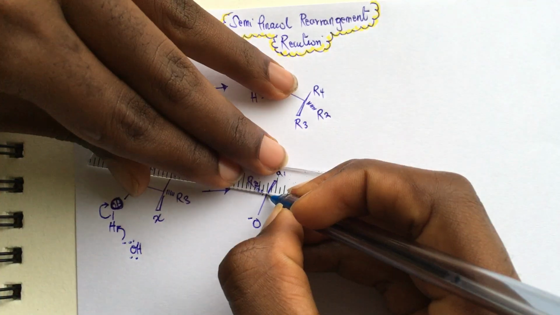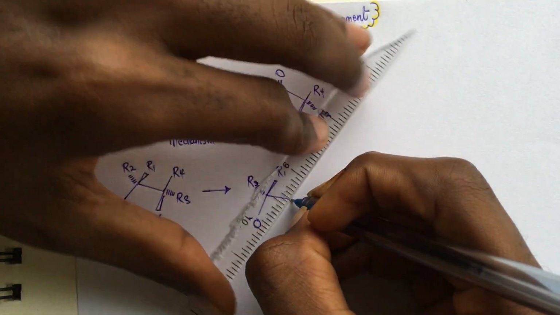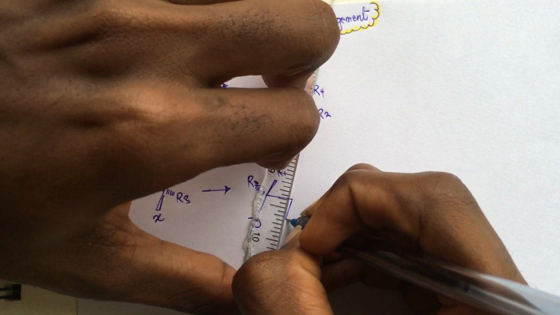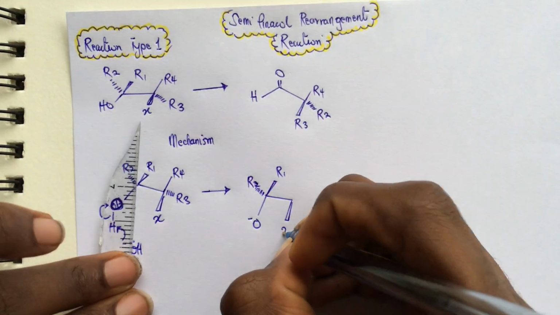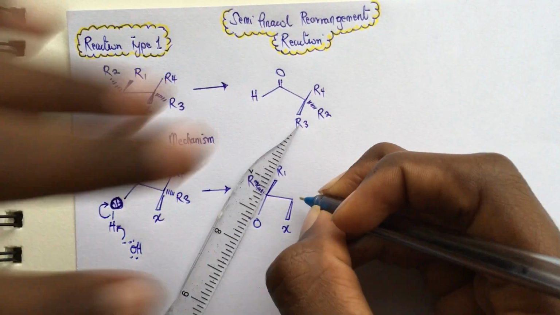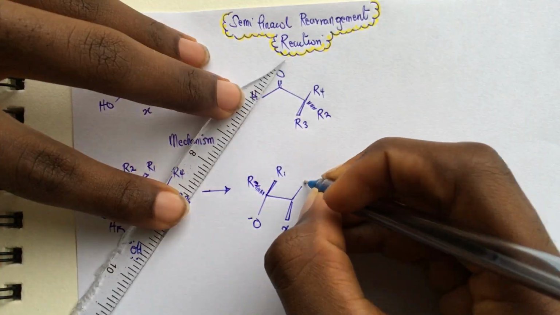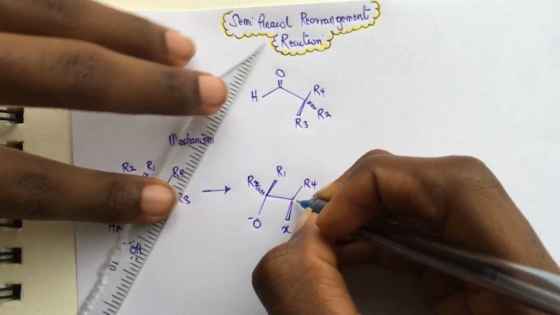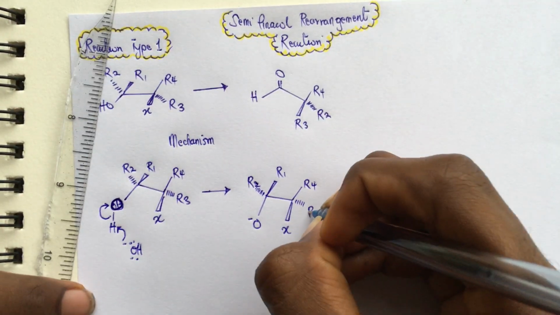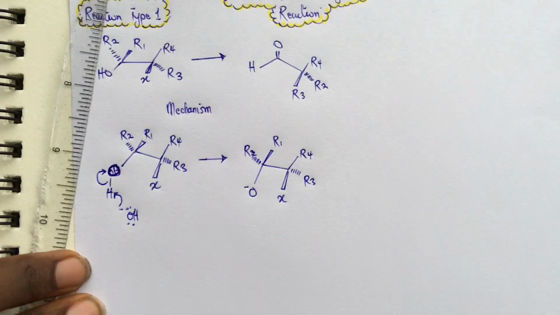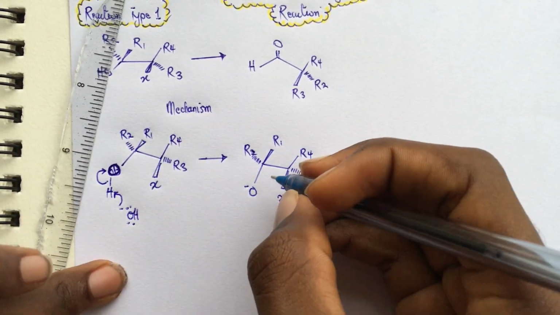Then on this side I'm going to have my X, which is a good leaving group, and I'm going to have my R4, and here R3. Alright, so here you are going to form your epoxide.